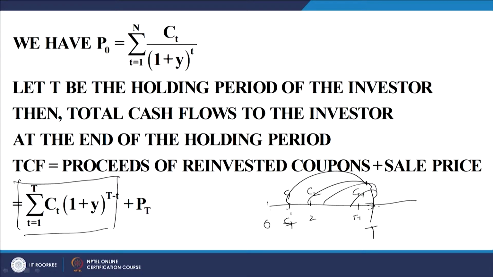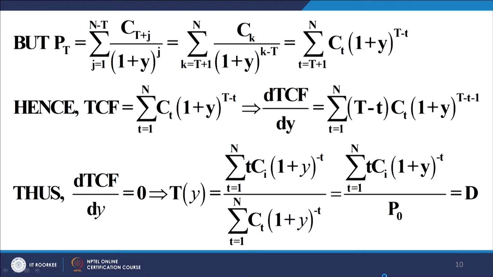Now, at t equal to capital T, when I liquidate this investment, let us say the price that I get is P capital T. Now, what will be P capital T? Let us look at it here: this is T, this is N. P capital T will be equal to the present value of all future cash flows that I am going to receive from T to N, discounted at the rate y.